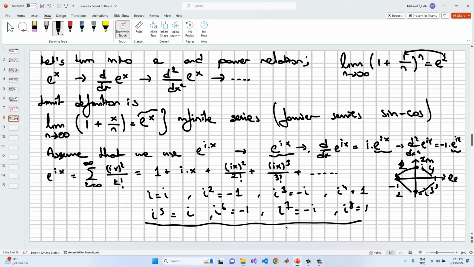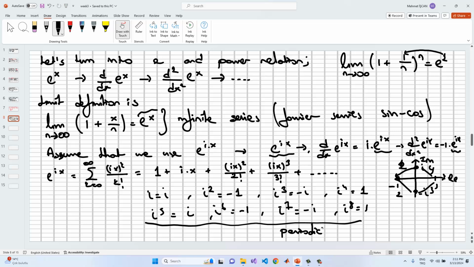It's a periodic definition, right? But at every case we add another root. But it always goes to the what? The returning point to the what? The 1 or i.